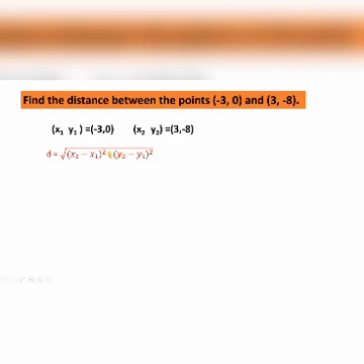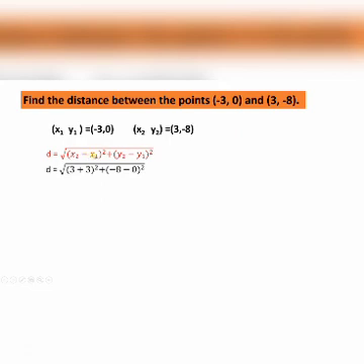When we substitute the x2, x1, y2 and y1 values into the formula, we get root of (3 plus 3) whole square plus (-8 minus 0) whole square.